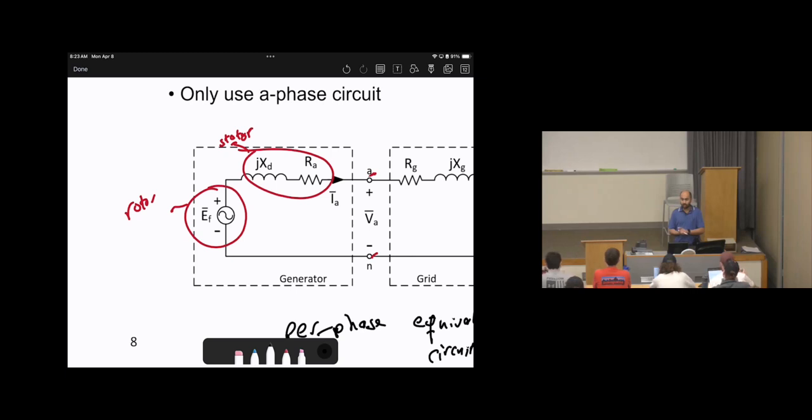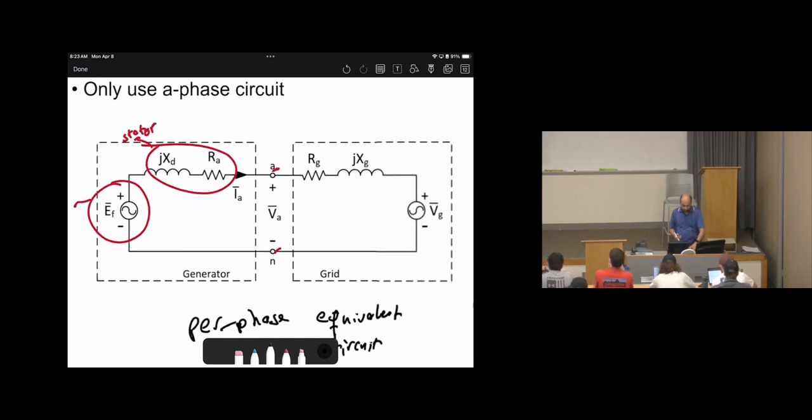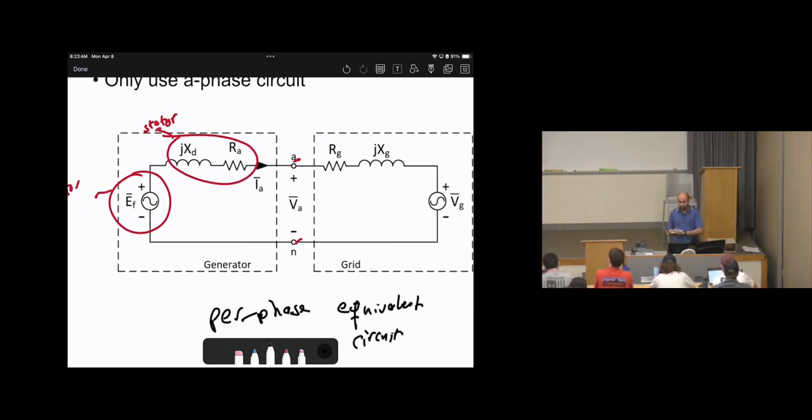The grid can be the whole, for example, Auburn University electrical system. So how can we simplify it? Can we model the electrical grid, or do we need to write everything? We can model it by a simple model, which is a voltage source and a series resistor.